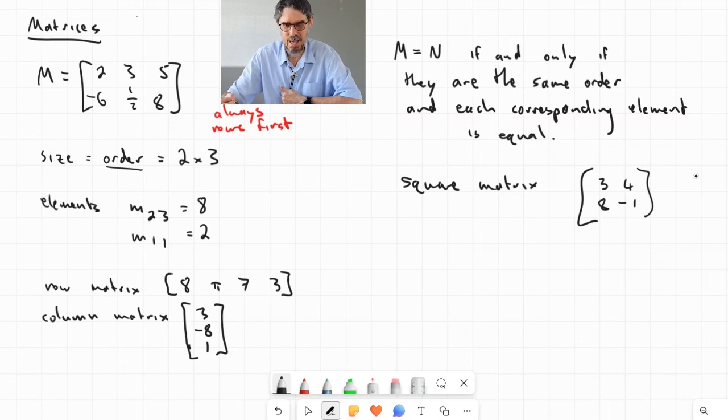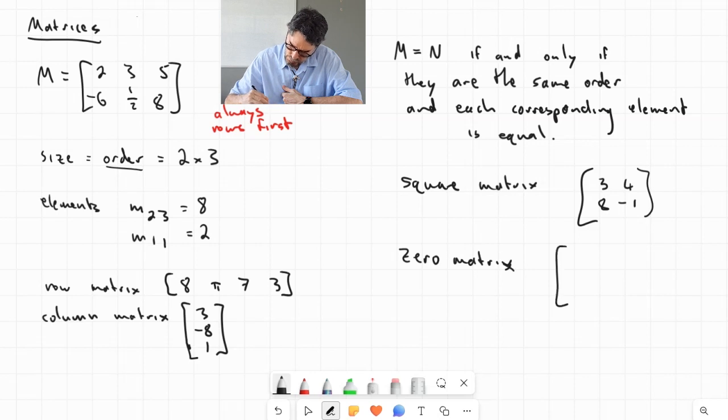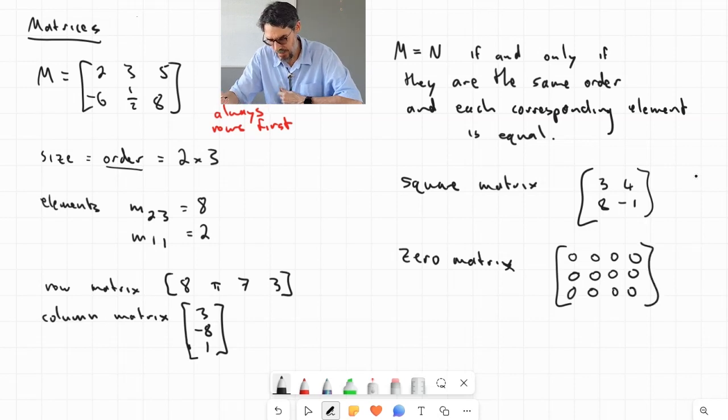But square means the same number of rows and columns. We'll be doing a lot with square matrices. A zero matrix, what do you think a zero matrix is? A zero matrix is, of course, just a matrix where all the elements are 0. And again, they can be of different orders.